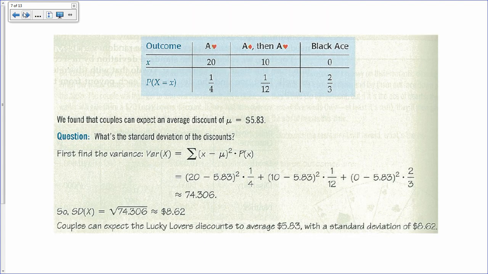Okay, here's the same example, but now calculating the standard deviation. You would take the differences from the expected value, you'd square those and multiply by the probability you get that value. You add those all up, then take the square root at the very end to find the standard deviation.